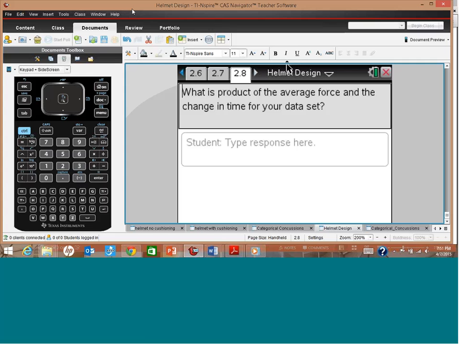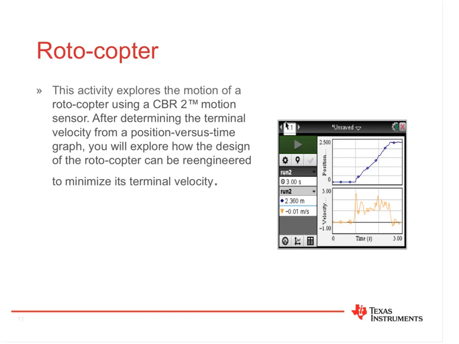So the rotocopter was from one of the workshops, and then this helmet design and the engineering design process has really been integrated into the other workshops. So we've tried to come up with 2 totally different workshops that don't have the same exact activity, so you have lots of options. So I'm going to stop sharing and turn it back over to Michael.